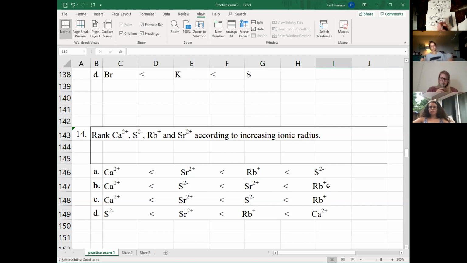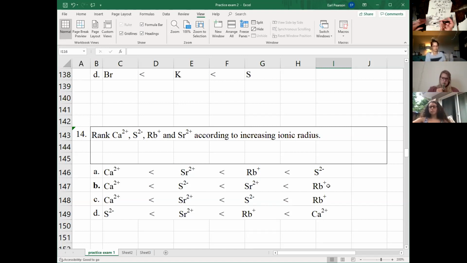And now don't forget, it's not just the charge. If you just memorize the charge, you'd say, okay, calcium and strontium are both +2, so they ought to be smaller, and then this would be the largest. No. That's only true if they're all the same noble gas core. I emphasized that in the lecture.